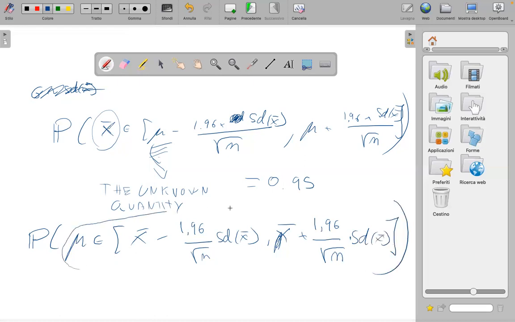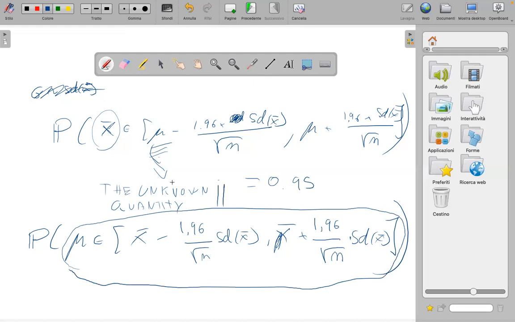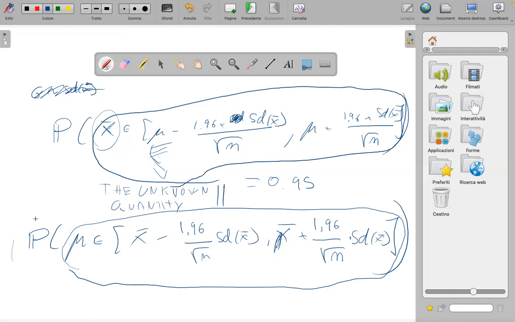You can do your own consideration: this event is the same thing written differently. And this probability is 0.95 if the approximation is true.